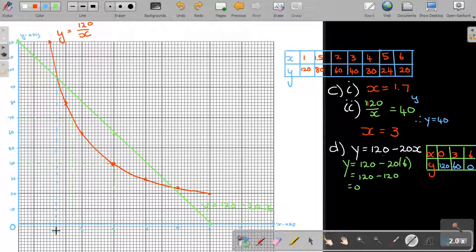so it's 1.2, so let's just give this number E. Make it red. X is going to be 1.2, and let's just find the other one. It's there. Can be a bit closer.